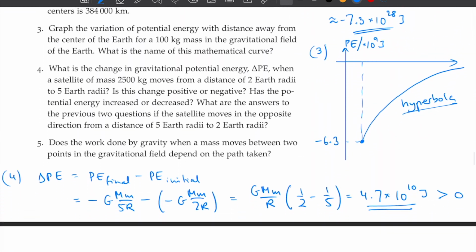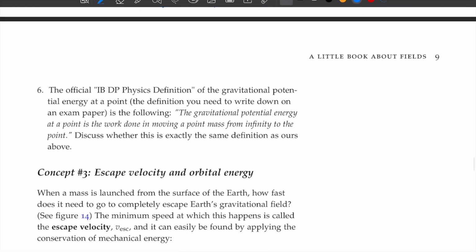But you could, of course, argue that if I bring the mass from infinity to the point, I'm pulling back on it, but it's moving towards the point, so my work done is actually negative, and you get negative GMm over r straight away with the negative sign.